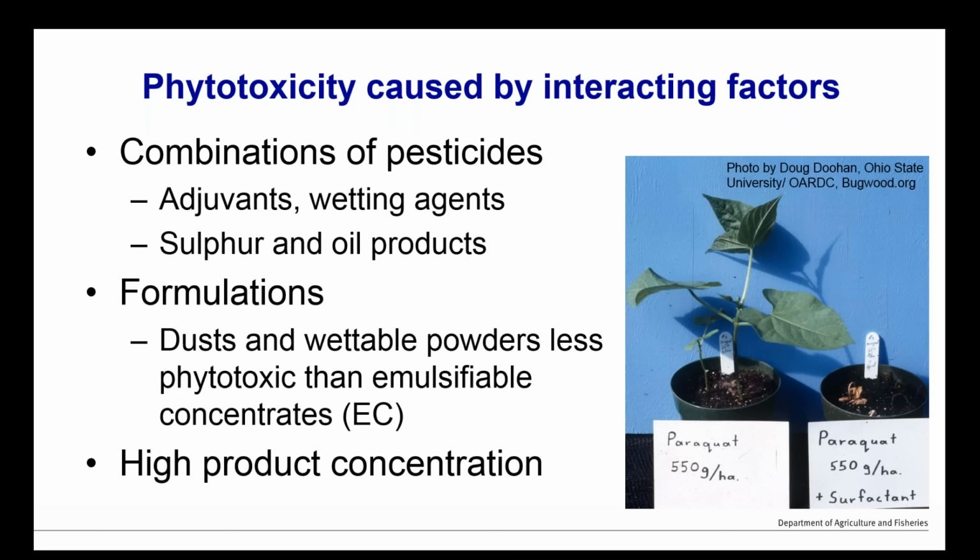So typically, emulsifiable concentrates are higher risk, and the reason for that is because emulsions are a combination of an oil and water. So to get the oil and the water soluble products to combine in a way so that they are evenly applied to the crop, they have to put solvents into it so that it becomes a mix that's mixed. Hopefully that makes sense.